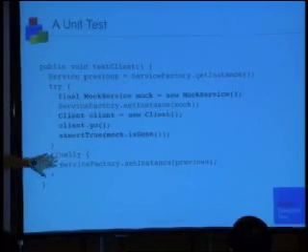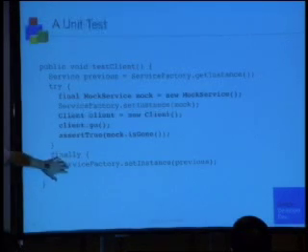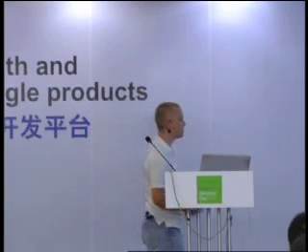And then at the end, we have to take care to swap back in the previous implementation of service at the end of the test method. Does anybody know why we have to do that? How many of you have run your unit tests once and they passed, and then you run your unit tests again in a different order and they fail?